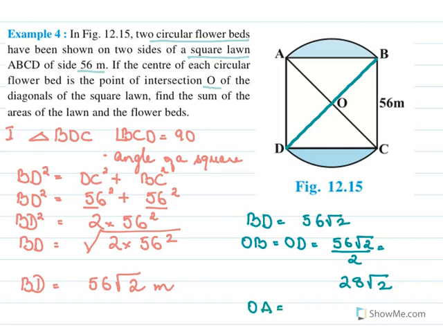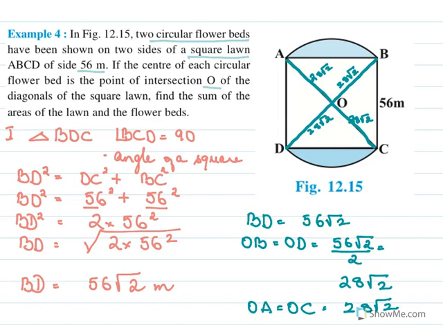OA and OC will also be 28 root 2, because we know it is a square, and if it is a square the diagonals are equal. So I got here 28 root 2, 28 root 2, 28 root 2 and 28 root 2. All these are 28 root 2.